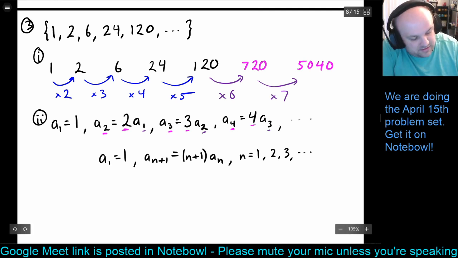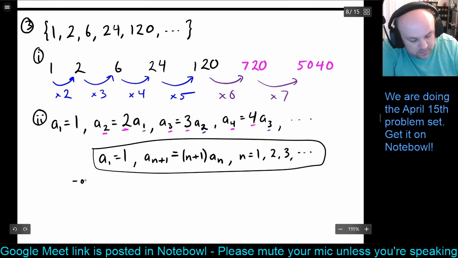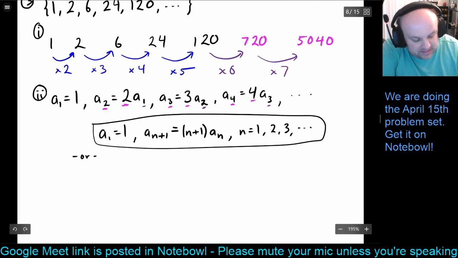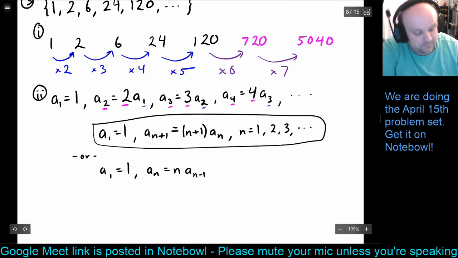Right, so this is one way to do it. Of course, you could write it down the other way as well. So we'd still have a1 is 1, and if we chose to write an here, then this would simply be n times an minus 1. And that recurrence would pick up at 2.